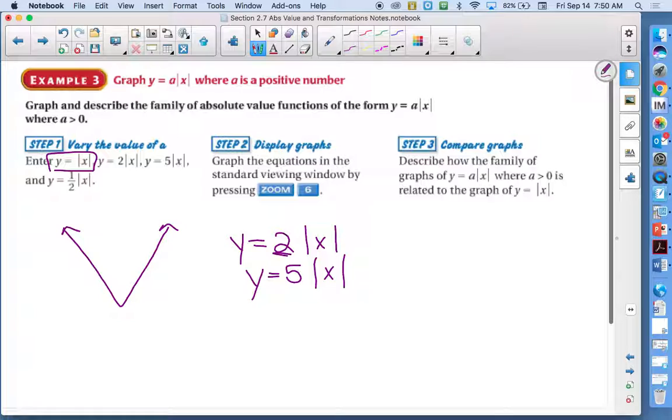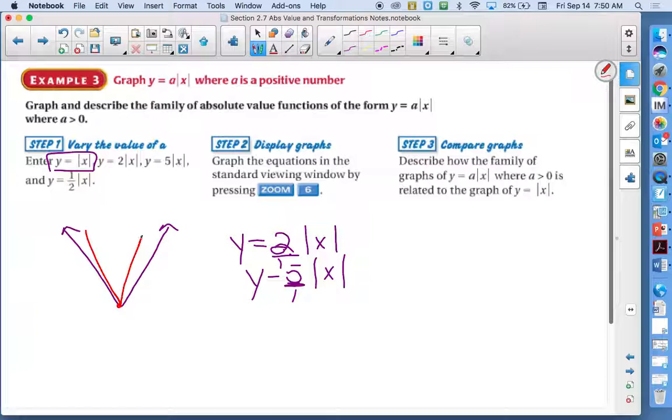So this number here changes the slope. It makes it steeper because this is rise over run. We're still talking about lines. We haven't changed our shape yet. But this slope is saying go up 2 over 1. This slope is saying go up 5 over 1 because I really could put this over 1. It's supposed to be a 1 there. And make it into a fraction. So your graph has the same point.